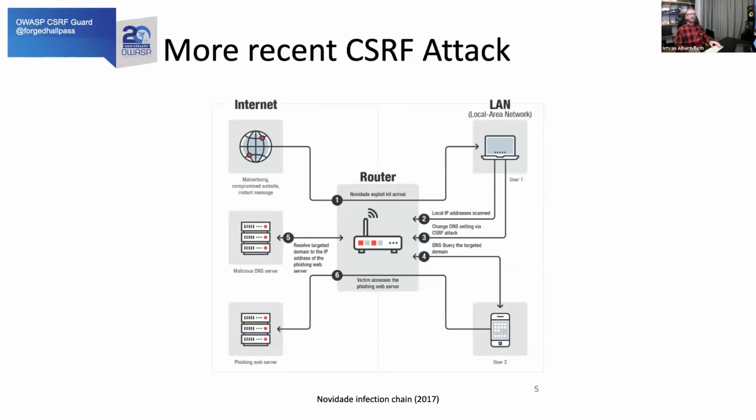So there would be, again, some kind of malvertising or a compromised website, or some social engineering, and an attacker would send some links to a specific user. And if the user would be logged into his router, then first those scripts would try to guess the IP address of the routers.